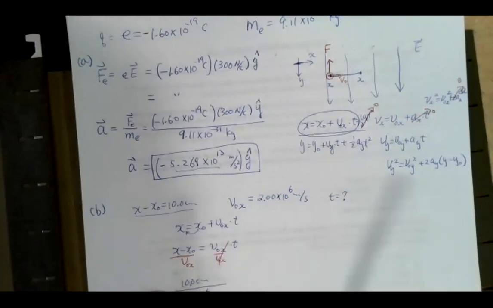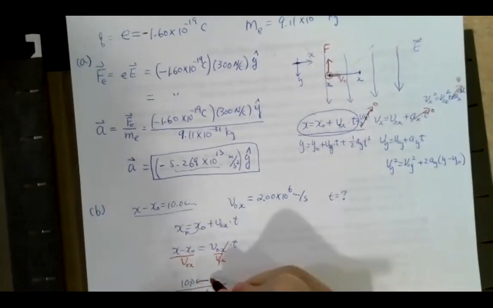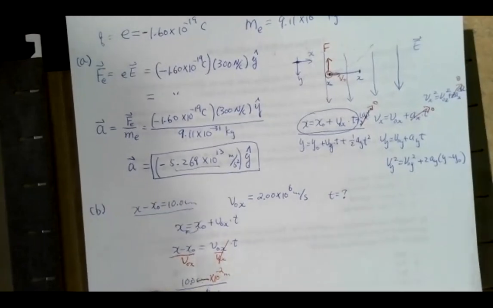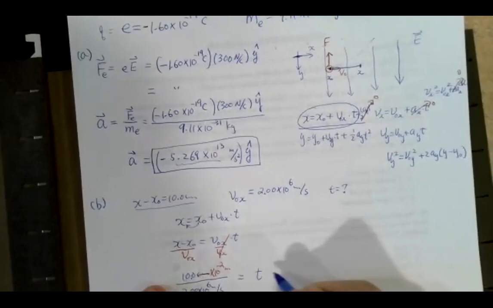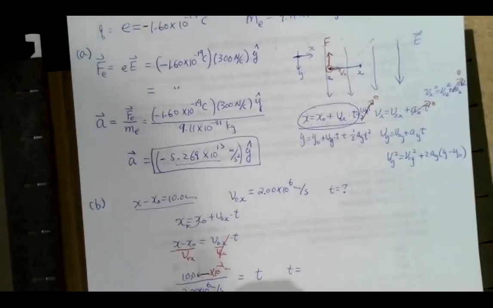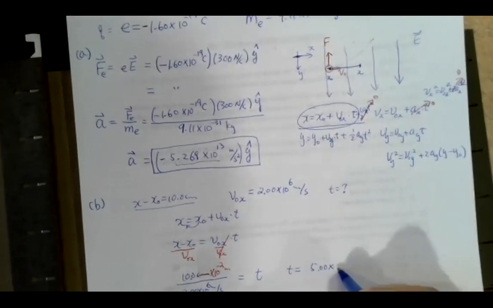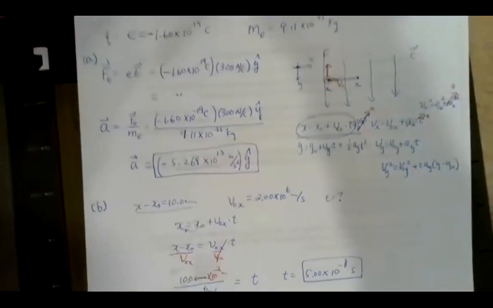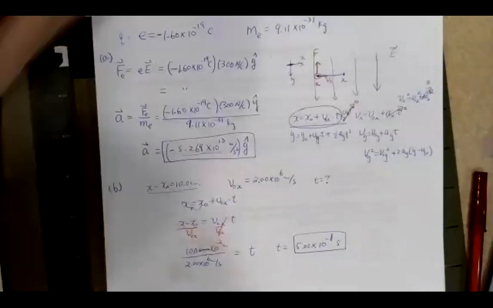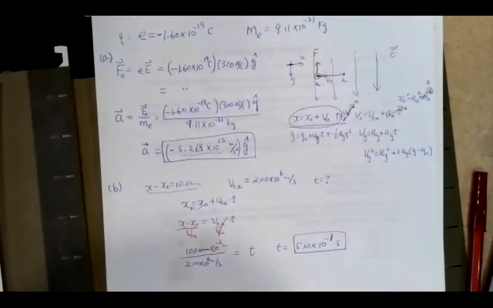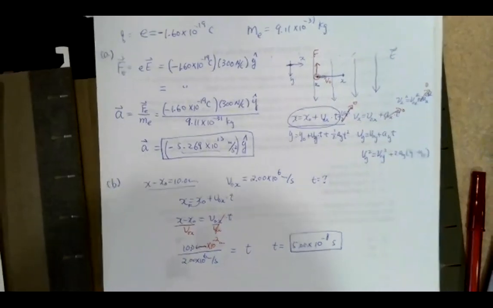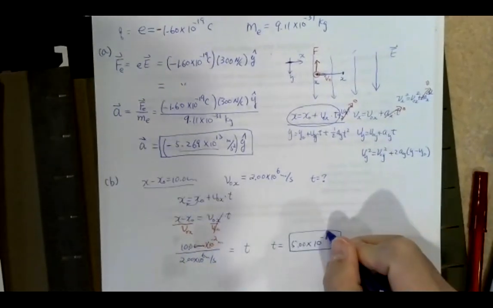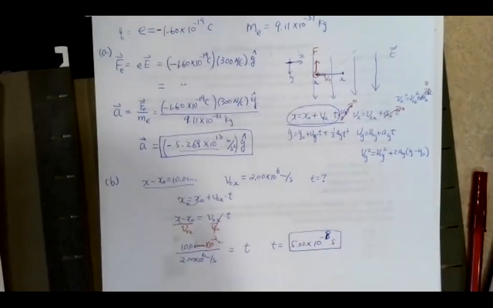It's centimeters on the top, so you want to convert to meters, times 10 to the minus 2 meters. That will be your t. So your t will be equal to 5 times 10 to the minus 8 seconds.